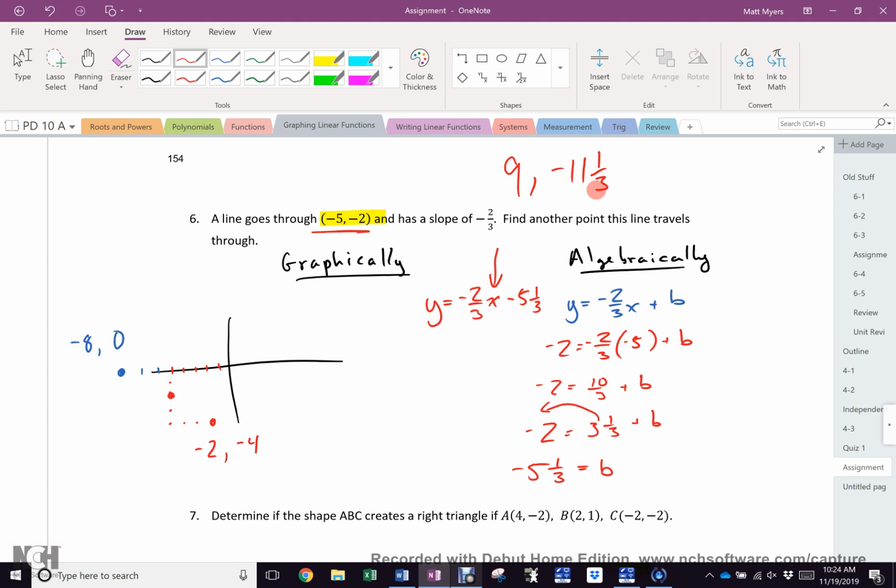If x were negative 4, 4 would be a bad one. If x was negative 3, it would be 2 minus 5 1/3, which would be negative 3 1/3. Okay? Only skill you need is counting or XY. That's all you need to do this whole unit.